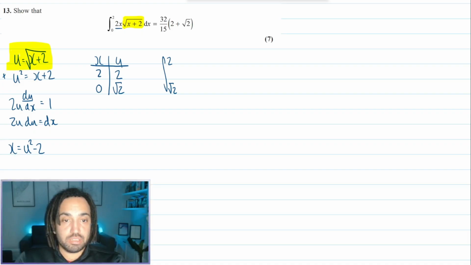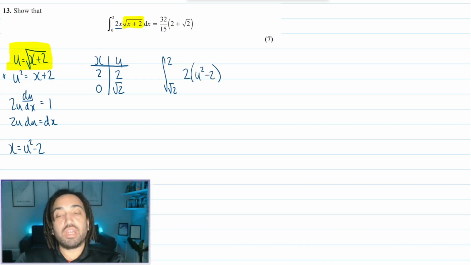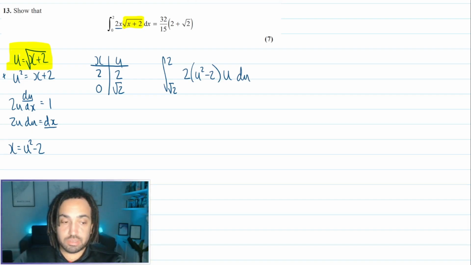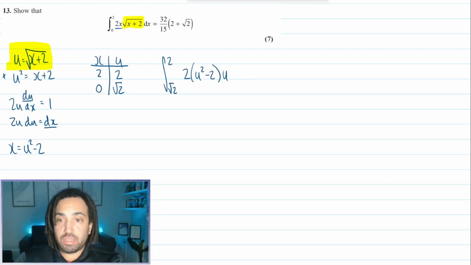2x is the first part, which is going to be 2 lots of u squared minus 2. And then we're multiplying by the yellow bit, which is just u. And now we need to substitute out dx, which is 2u du. So we're multiplying by dx, which is 2u du.